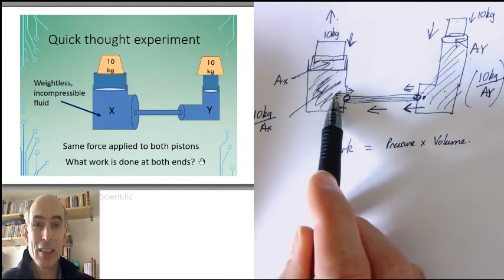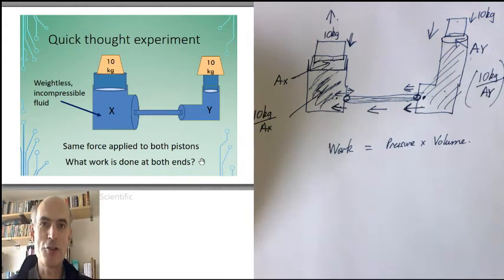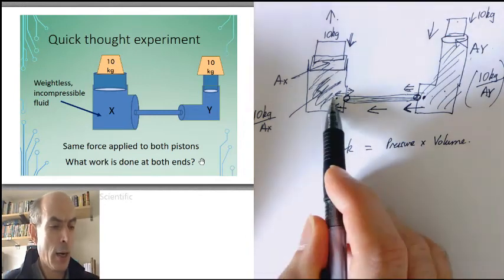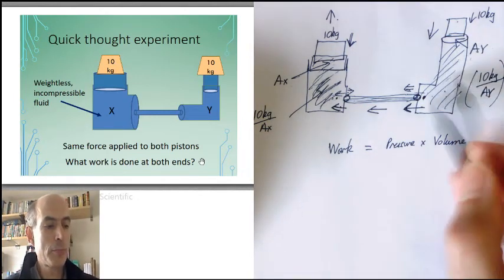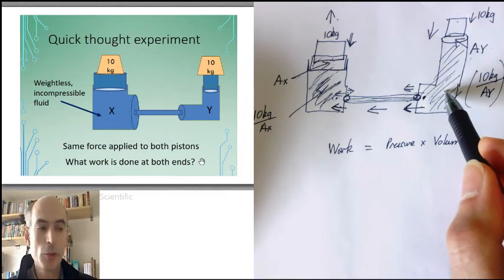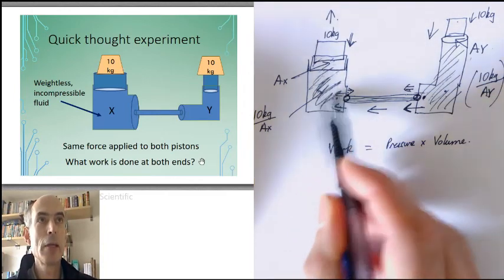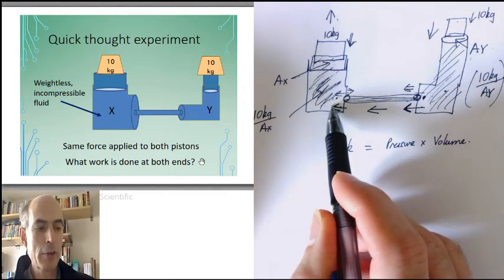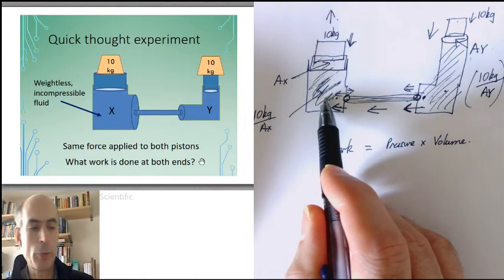If you're doing negative work, then you're gaining energy. So this side of the system is losing energy by doing work, and this side of the system is gaining energy by having this fluid coming into it.